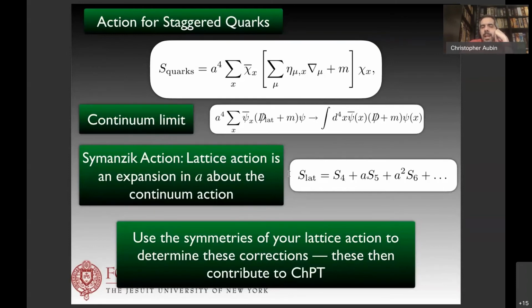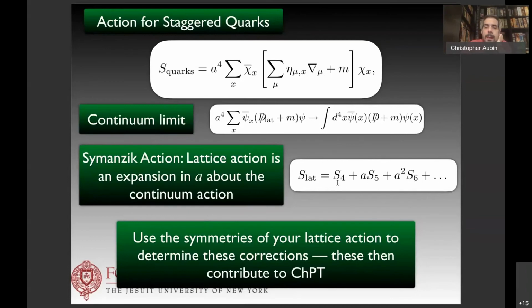If I can write out this action as this expansion, this is known as the Symanzik action, then these higher order terms in the lattice spacing can be used to introduce discretization effects into chiral perturbation theory. Okay, so that's why I did all this right here.